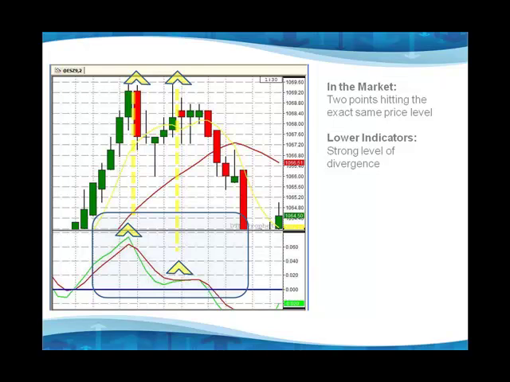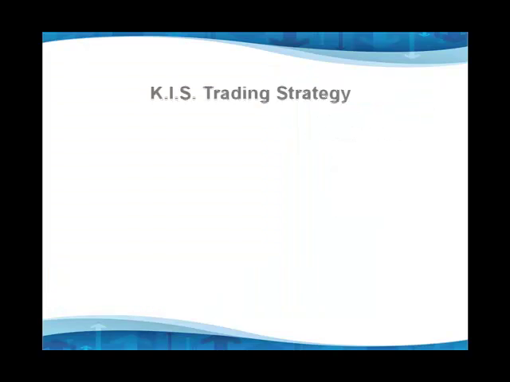That type of signal is showing strength behind this double top, that this pattern may end up reversing, and there's a high probability that this trend is going to reverse. When we see that signal, we can then feel confident enough to look for an entry signal going short.